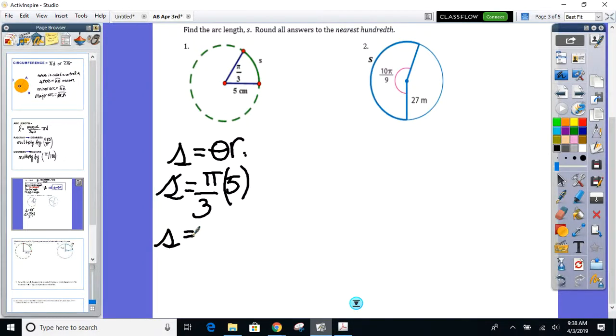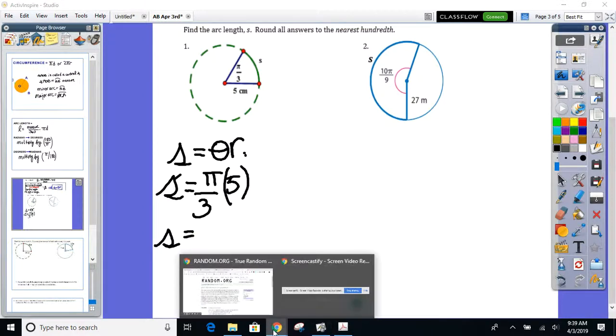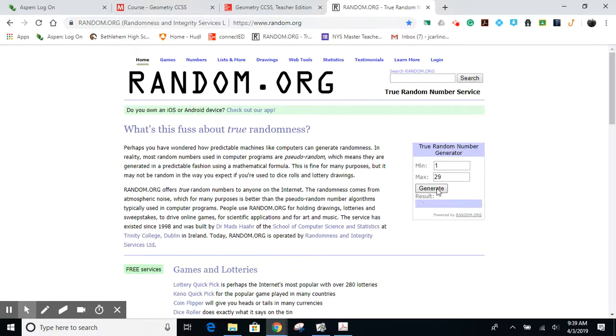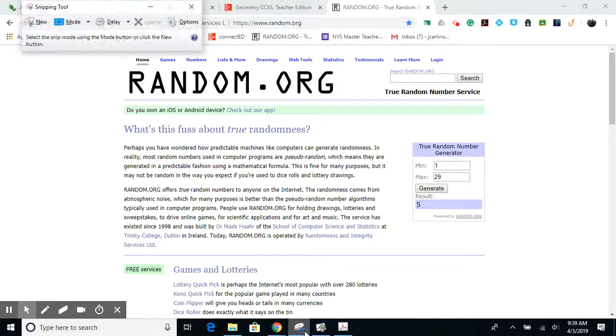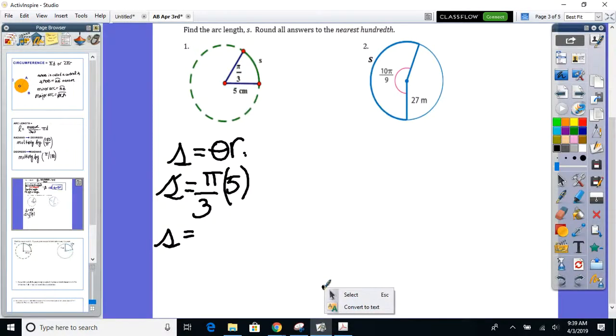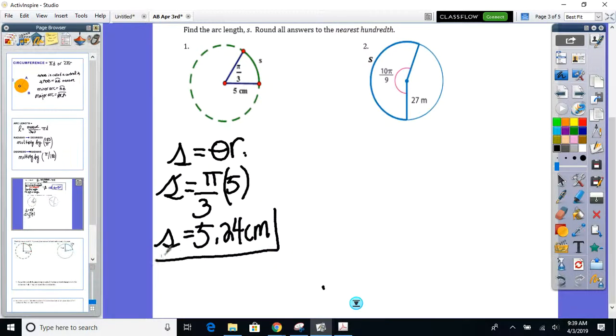Pi over 3 times 5. What do you have for me? 5.24 centimeters. Good. Remember your units, everyone, especially if your diagram comes with them. 5.24 centimeters is that arc length.